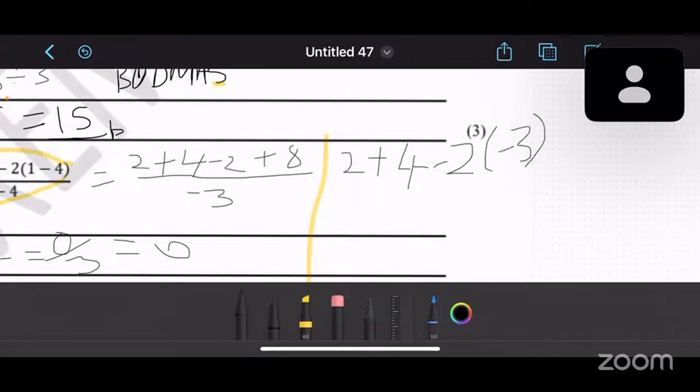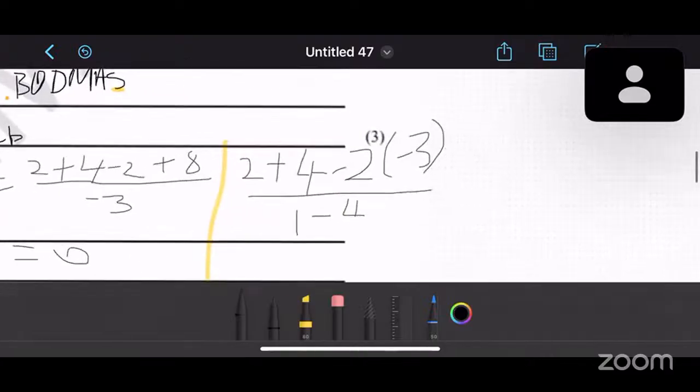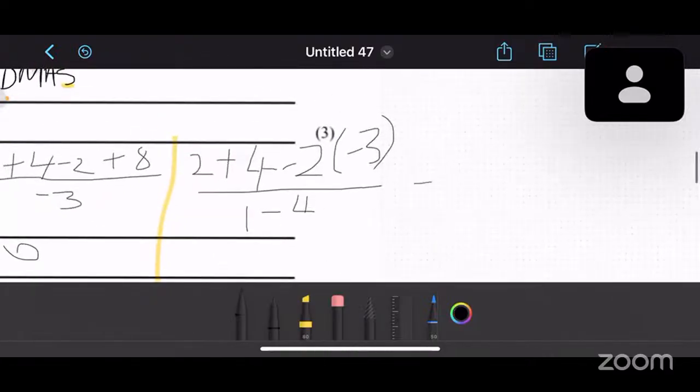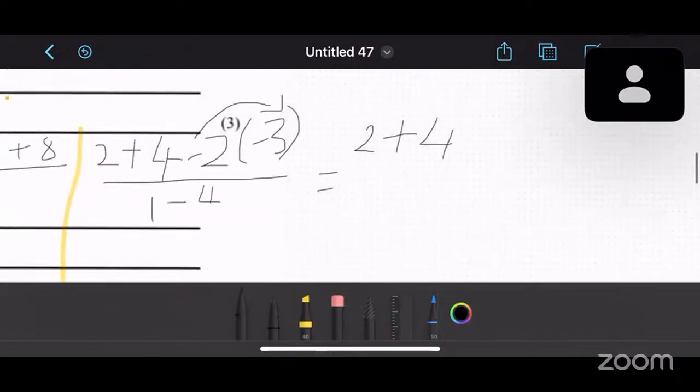So this is it. 1 minus 4 is negative 3, and then you're going to have 1 minus 4 like this. And then to remove the brackets, you're going to have what Grace is saying over here. 2 plus 4, because minus 2 multiplied by negative 3 is equal to, actually it's a positive 6, sorry.